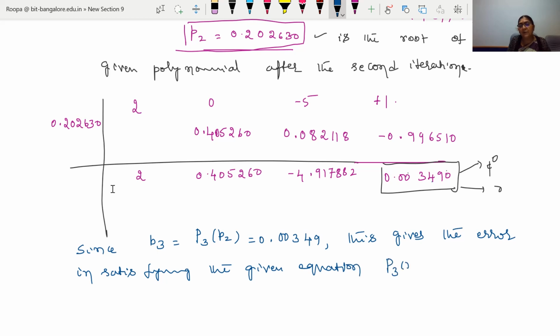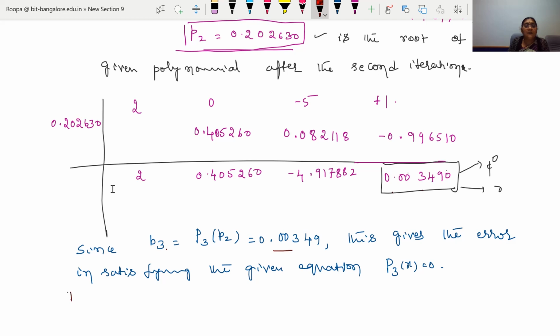P3 of x is equal to 0. Yes, the deflected polynomial. After the second iteration, this much error still remains, because once you did the synthetic division method, this is not 0. What we get is the value b3, because it's a polynomial of degree 3. Suppose the polynomial is degree 4, we get b4 after the synthetic division for the root, and that much error you have. Suppose we get 0, that is an exact root.